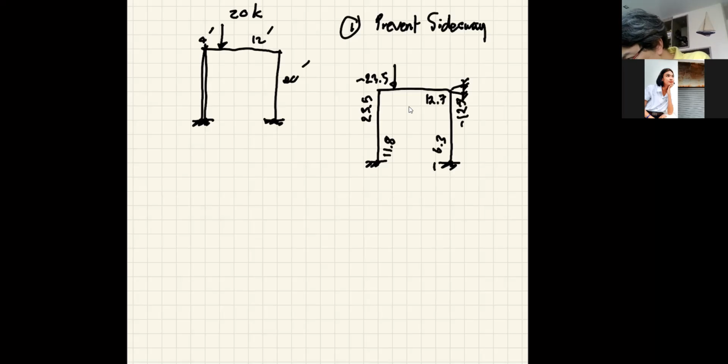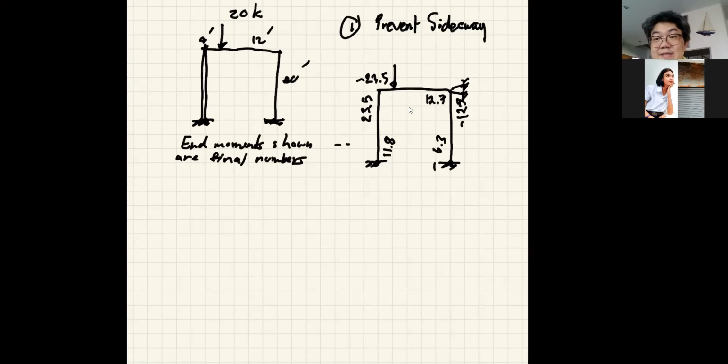Please note that the end moments shown here are final numbers. It means you only get this moment after you're done doing the moment distribution. Okay, you need to do the moment distribution back and forth until you get these numbers. And once you get these numbers, you can calculate your reactions, right?